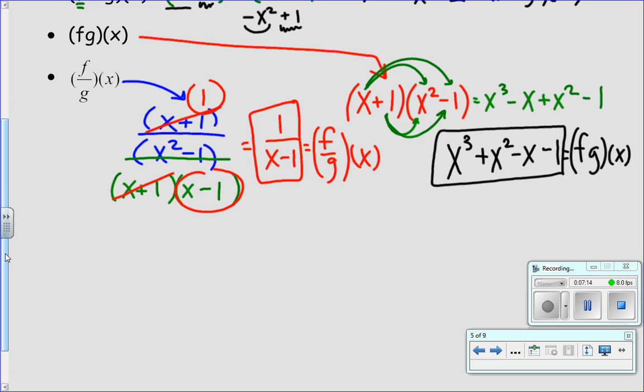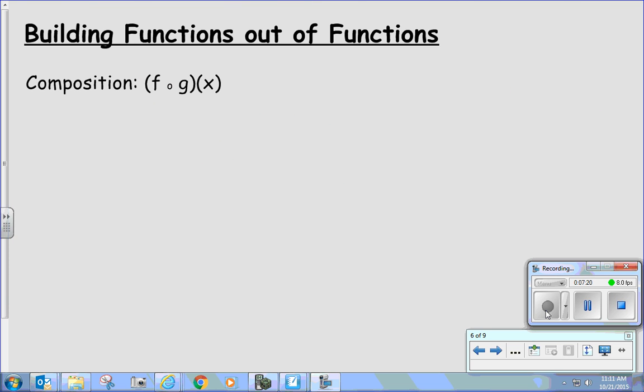Not too bad. It's just the 4 basic math operations between two functions. Building functions out of functions. This is called a composition of functions. And notice that circle is not filled in. It is not multiplied. It's like a hollow circle. Okay?